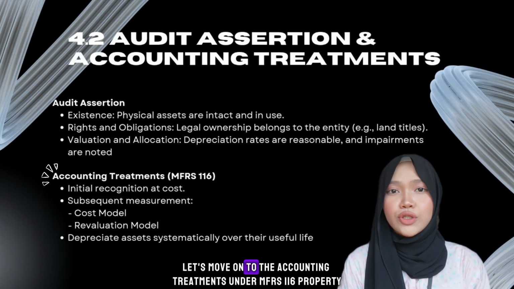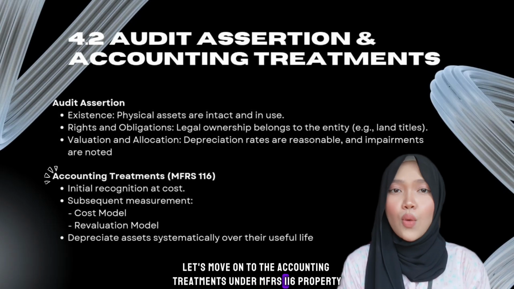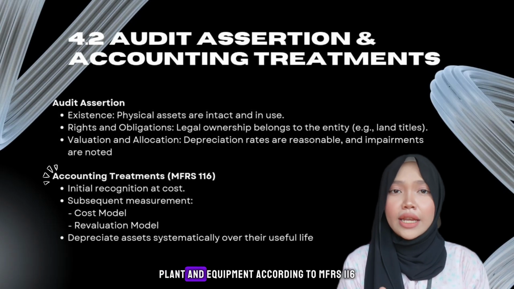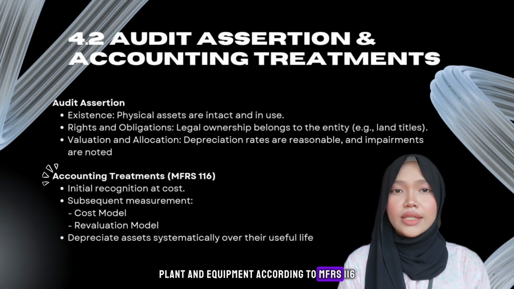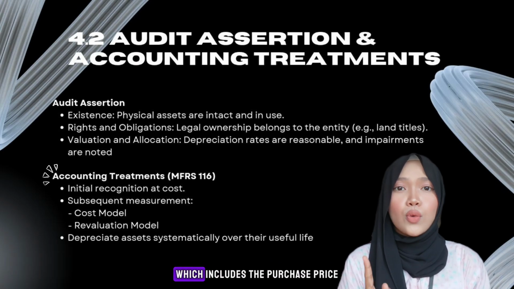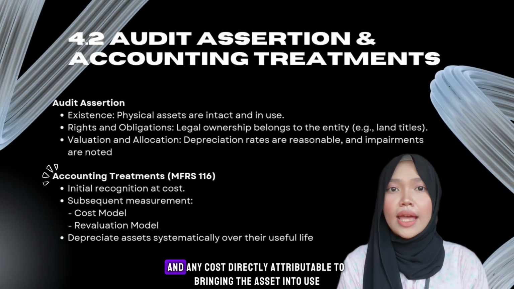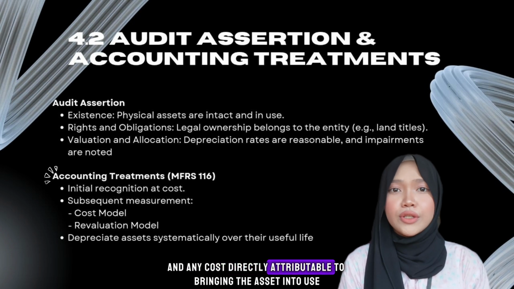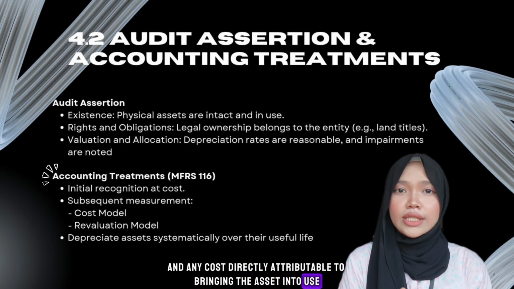Next, let's move on to the accounting treatments under MFRS 116, Property, Plant and Equipment. According to MFRS 116, non-current assets are initially recognized at cost, which includes the purchase price and any cost directly attributable to bringing the asset into use.